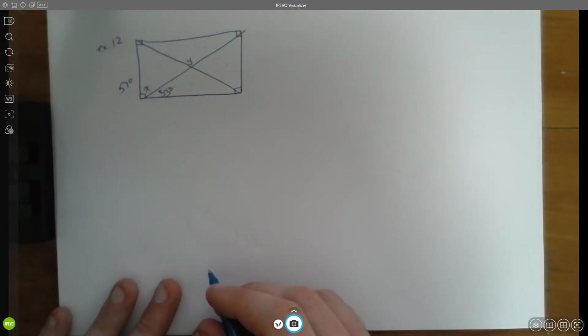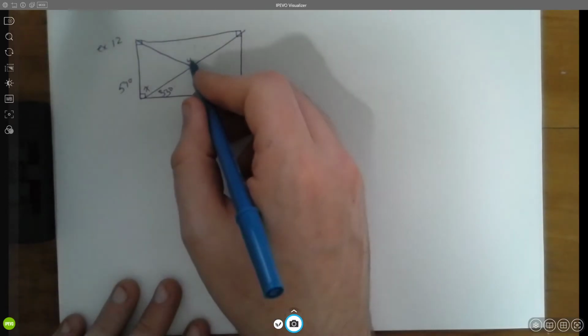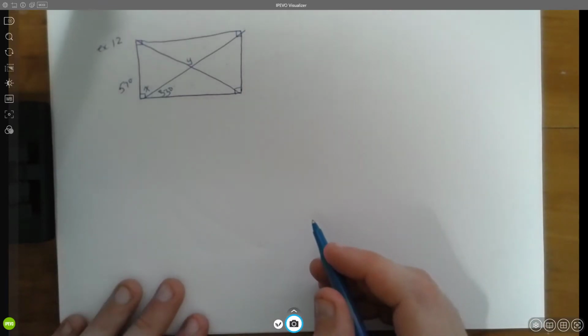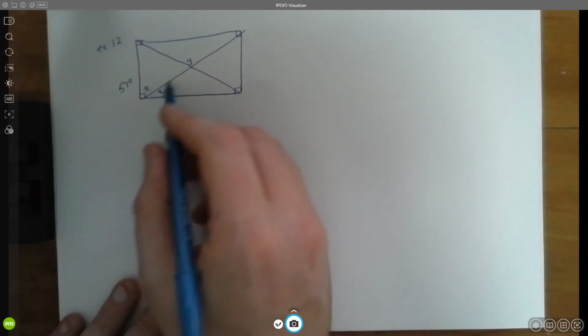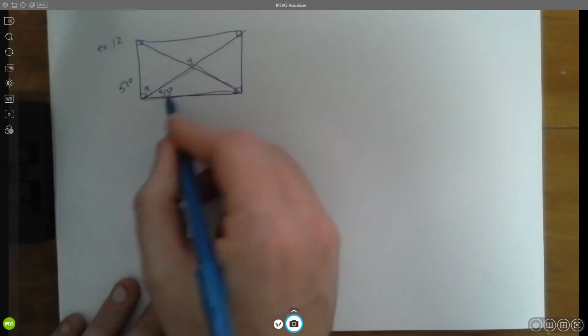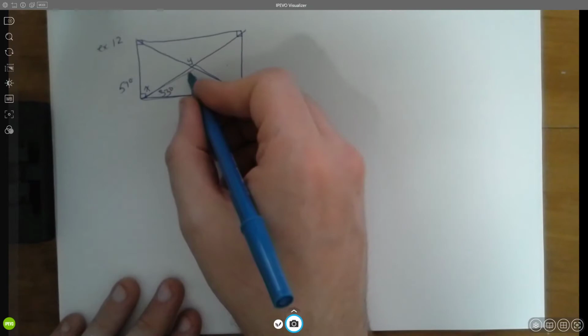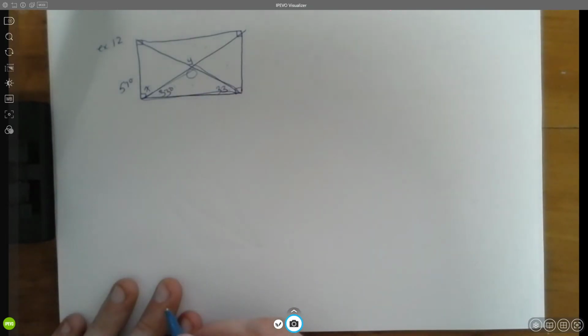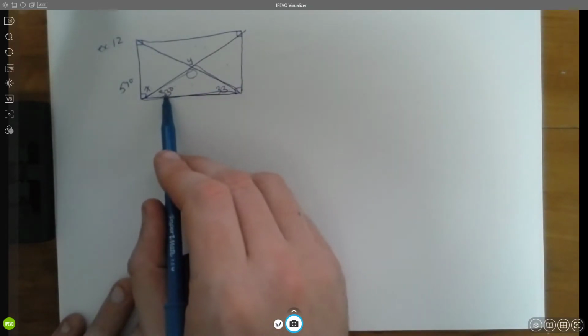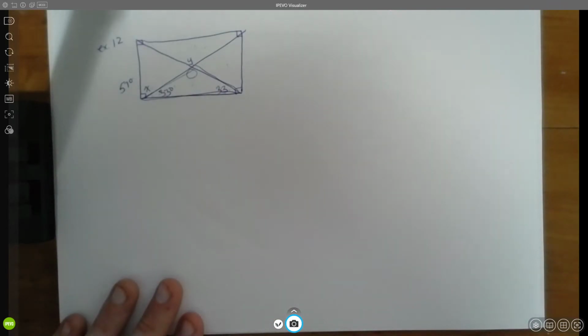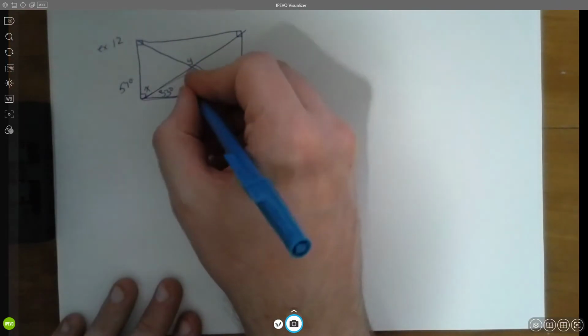Now that we have that bit of information for what our x value is going to be, we need to solve for y. And again, there's a couple of ways we can solve it. One of the ways that I'm choosing to solve it is because this is an isosceles triangle. If this is 33, this is also 33, which means that this up here must be 180 minus 33 minus 33, or 180 minus 66, which is going to give us 114 degrees.